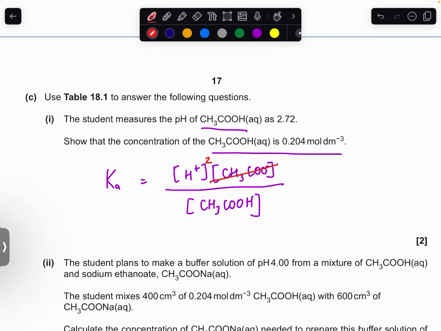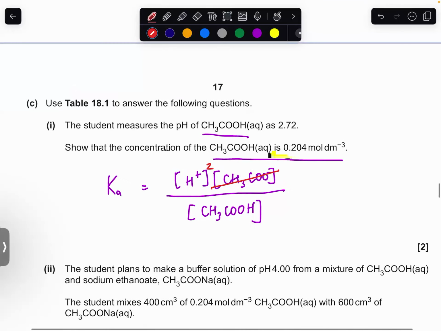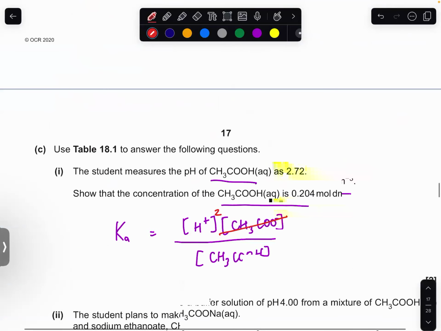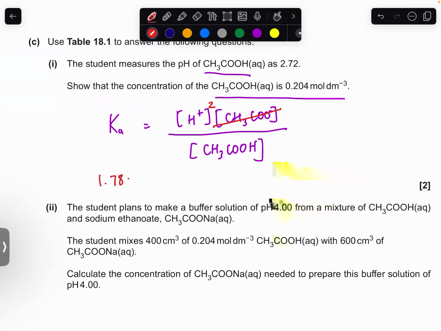So how do we work this out? We're going to take Ka from the table, 1.78 times 10 to the minus 5 equals, what's the concentration of H plus?